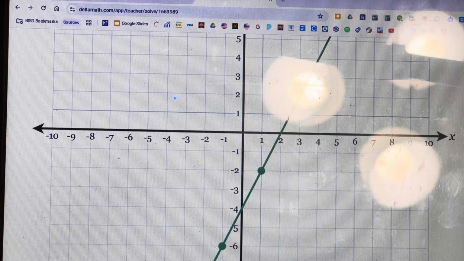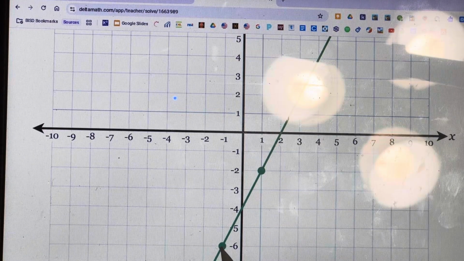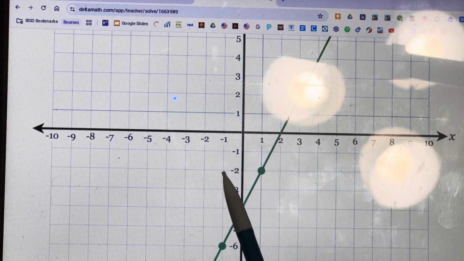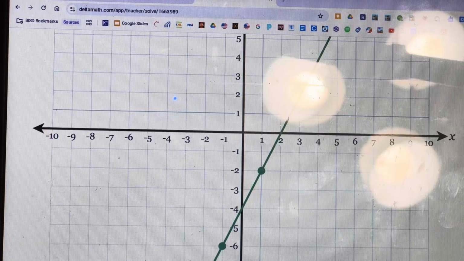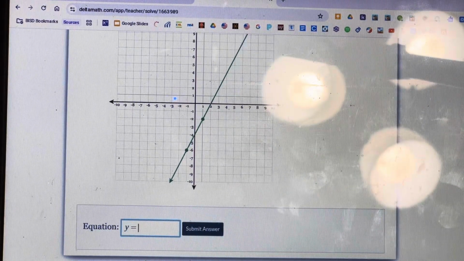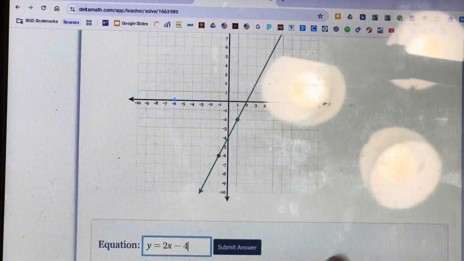We're going to find our slope. Since we're going up, we know it's positive, right? So from here, we're going to go up 1, 2, 3, 4, forward 1, 2. So 4 over 2, simplified is just 2. Got y equals 2x minus 4, since that's where it crosses the y-axis.